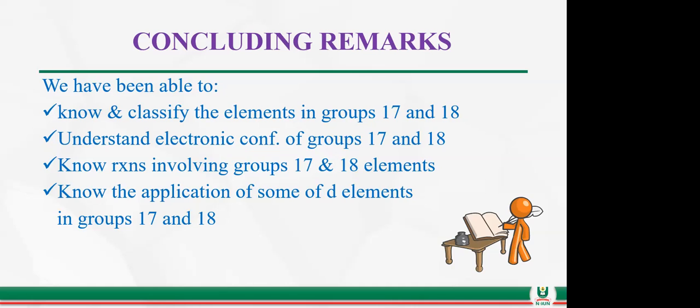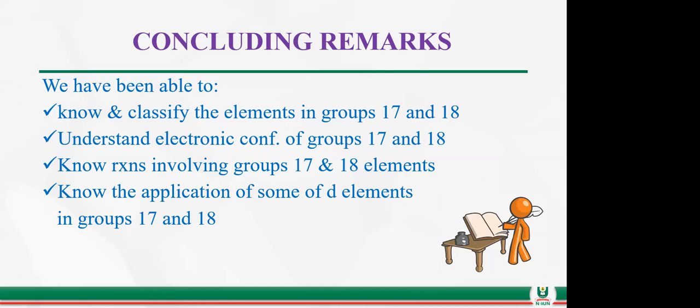So today, specifically, in conclusion, we have been able to, number one, know and classify the elements in group 17 and 18. We call the group 17 the halogens, and we call the group 18 the noble gases. And we said the group 17 has their elements in this order.